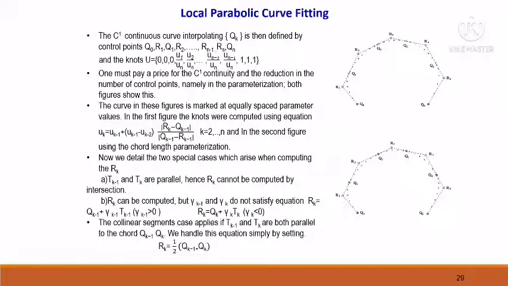The collinear segments case applies if tk minus 1 and tk are both parallel to the chord qk minus 1 qk. We handle this simply by setting Rk to half of Qk minus 1 plus Qk.